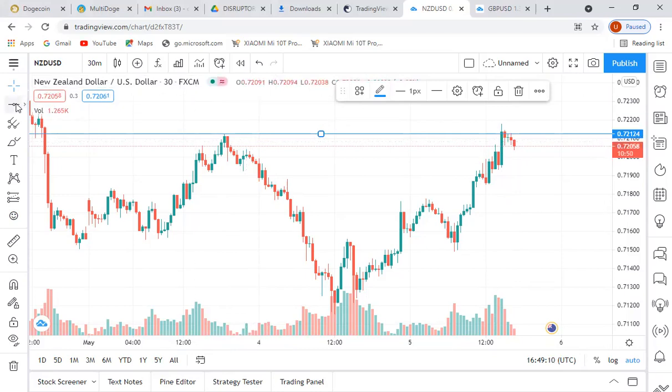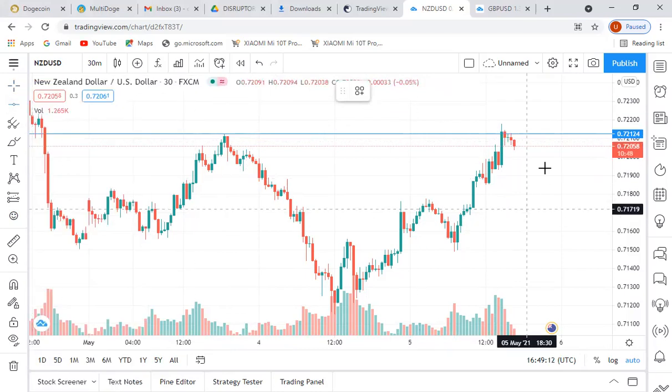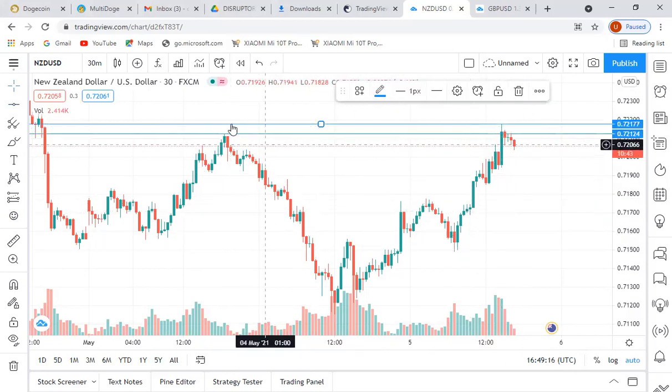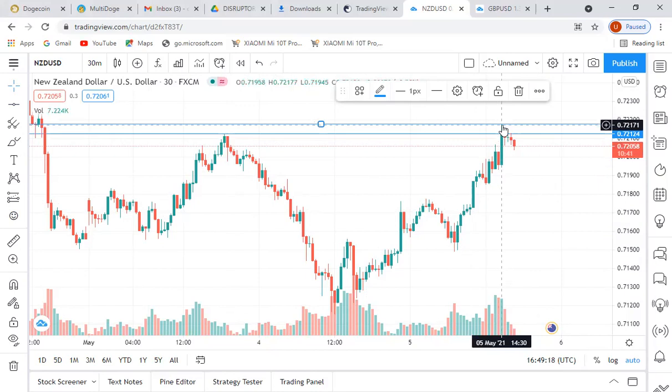We may likely place another resistance here again because here is higher than here. If we see the market coming back here, trying to get out of here, and then it moves higher than this position, then we know the market has changed direction to a buy.